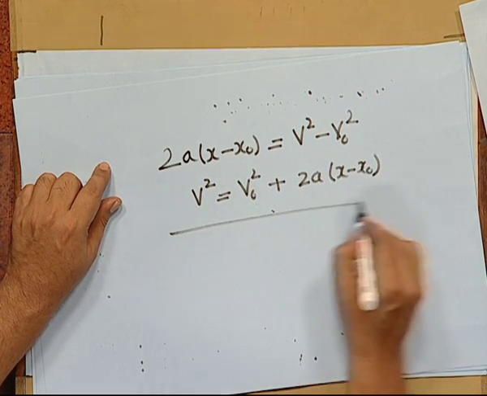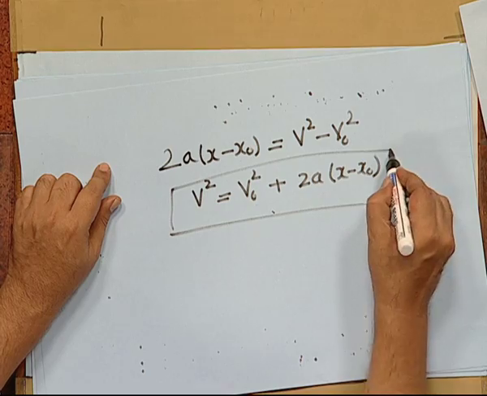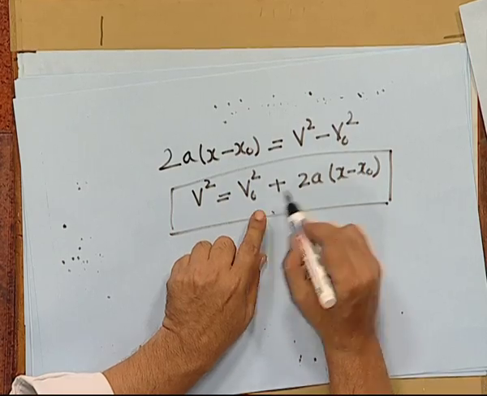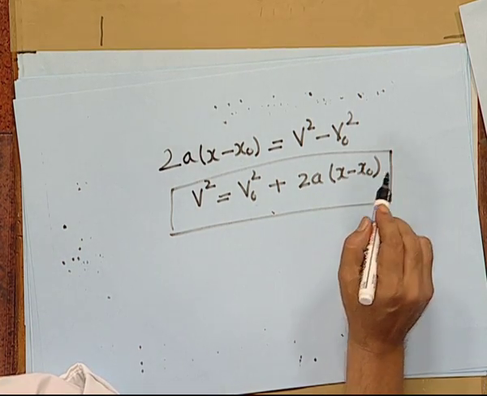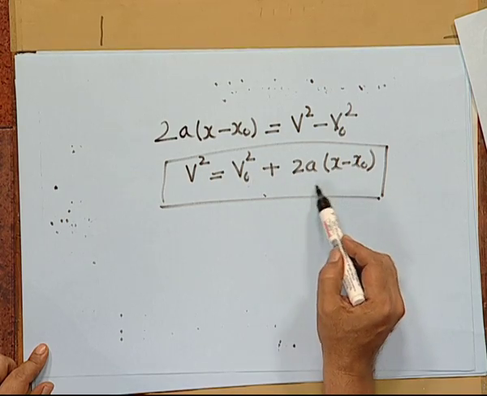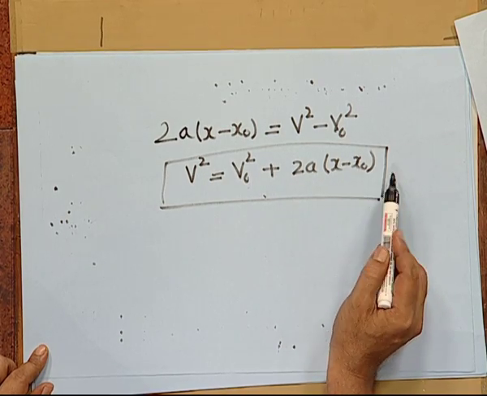This result relates how the velocity at the position coordinate x can be determined if you know the initial velocity, the acceleration and the initial position coordinate. So, the equation is v squared equals v naught squared plus 2a into (x minus x naught).